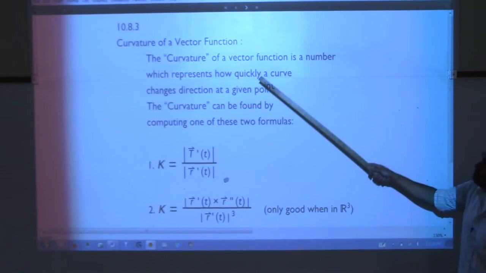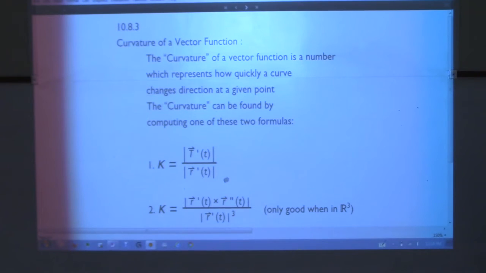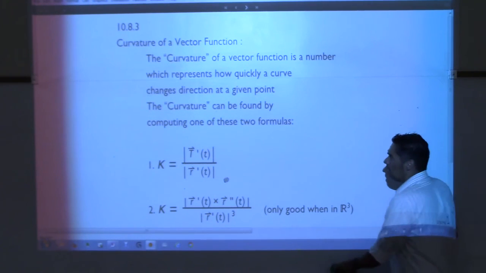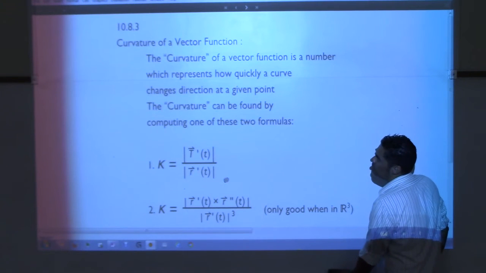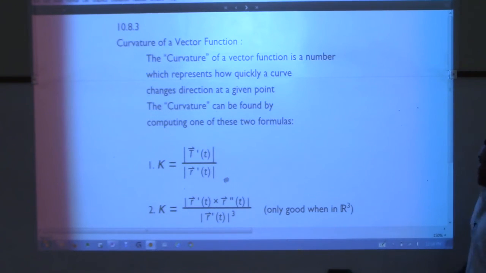The curvature of a vector function is a numerical value which represents how quickly the curve changes direction at a given point. The curvature can be found by computing one of these two formulas. So there are two formulas that you can use to get curvature.